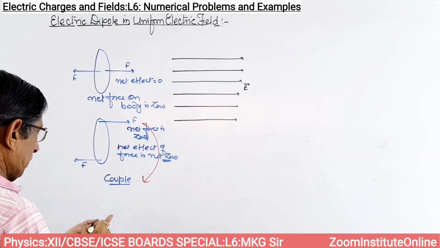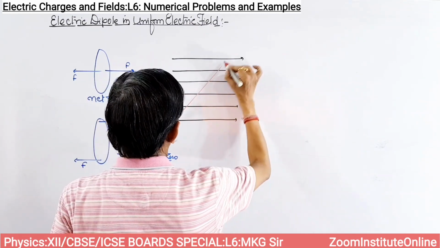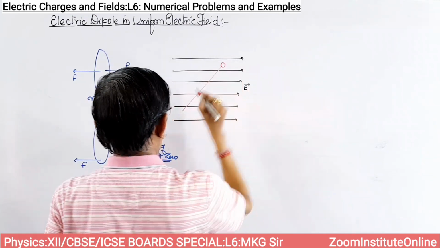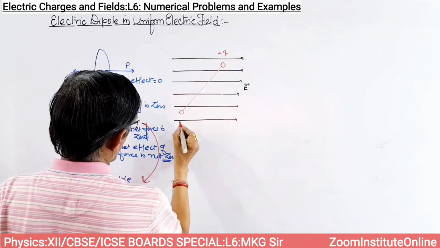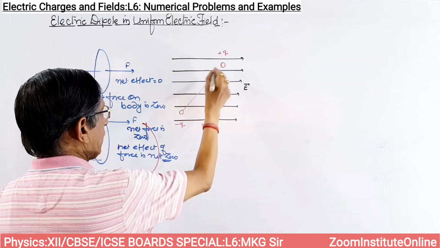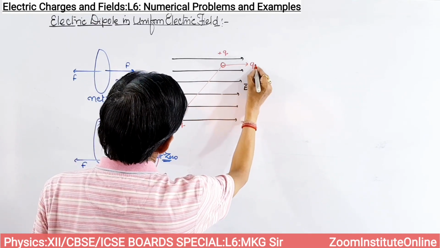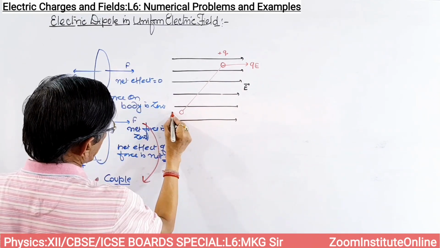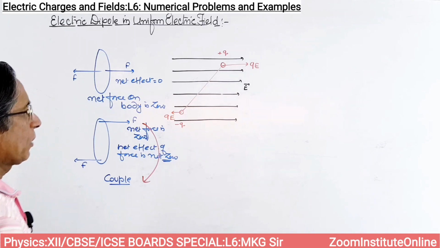In this electric field, my dear students, we have placed an electric dipole. So, this is an electric dipole, consists of charge plus q, minus q. Plus q charge always experiences a force in the direction of electric field, and negative charge experiences a force in the direction opposite to electric field.